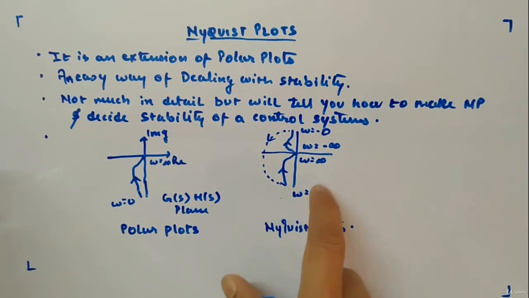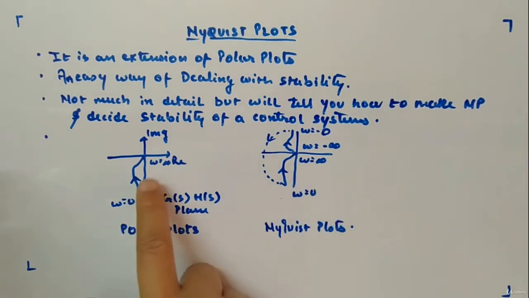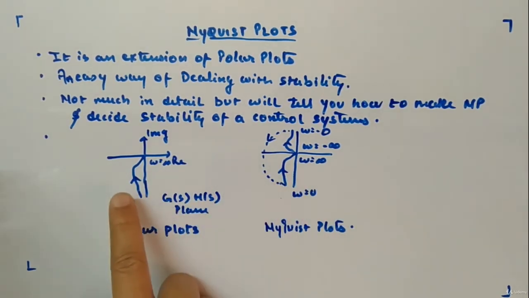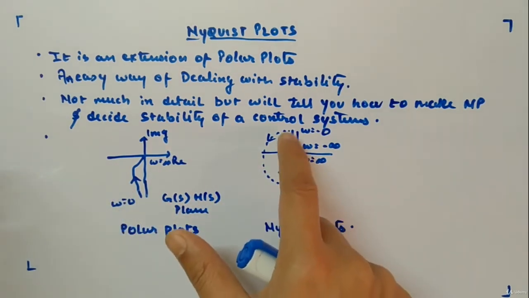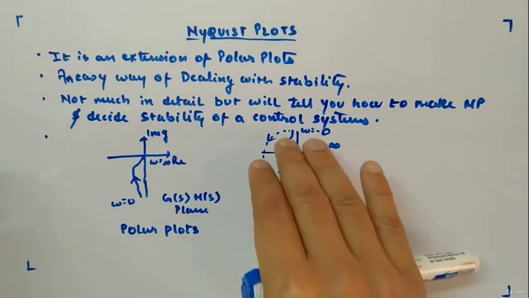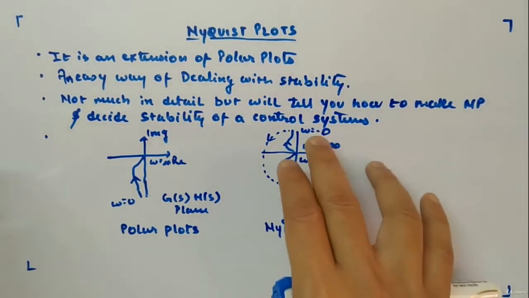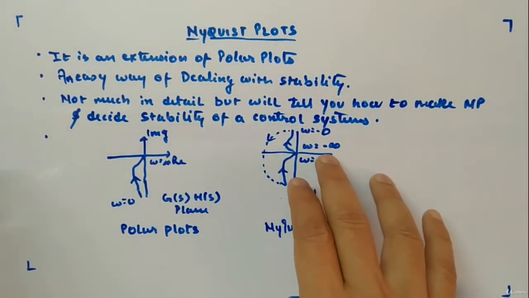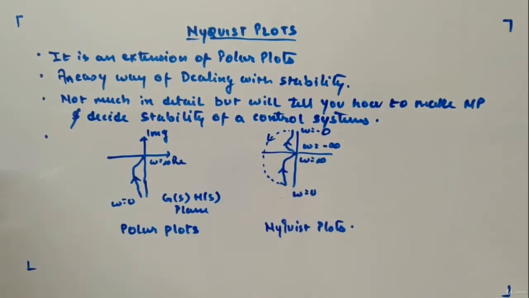So omega equal to 0 to omega equal to infinity, we have this same, copied from the polar plot, but the rest of the part, this dotted line and this line above the real axis, we don't know yet. Omega equal to 0 minus, omega equal to infinity minus, we don't know this plot.